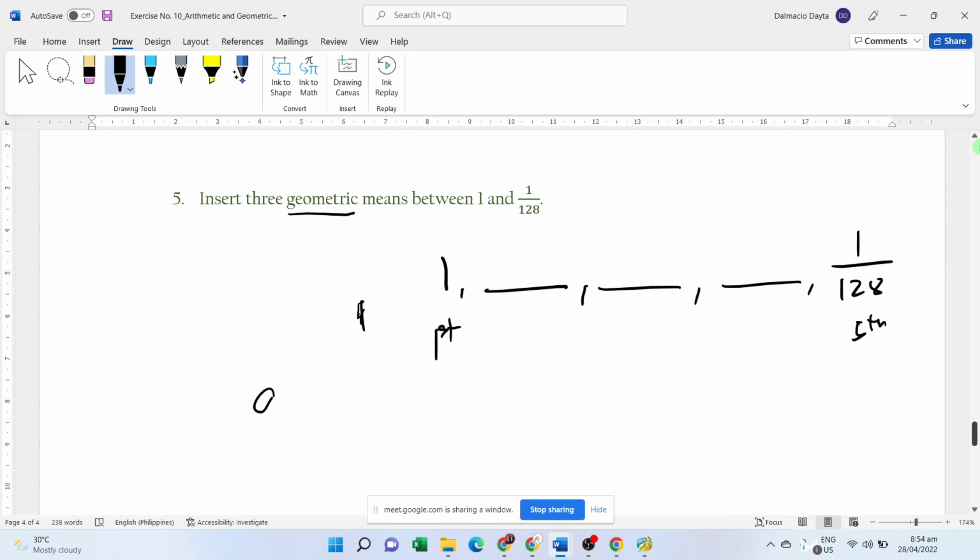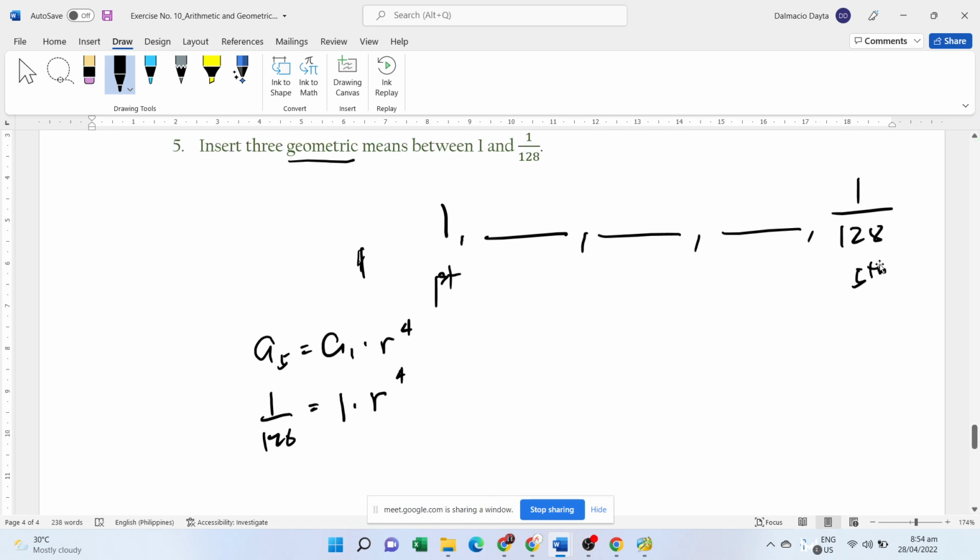Using the formula for a sub 5, that will be a sub 1 times r raised to 4, that is 5 minus 1. So we have 1 over 128 is equal to 1 times r raised to 4. Correct? A sub 1 times r raised to n minus 1, and that is a sub 5.